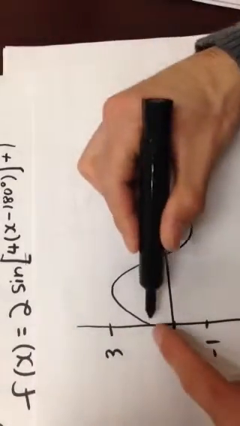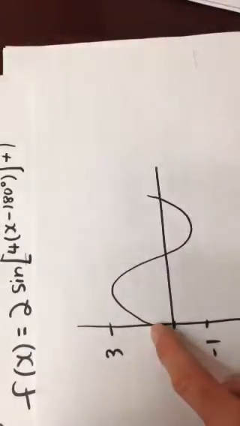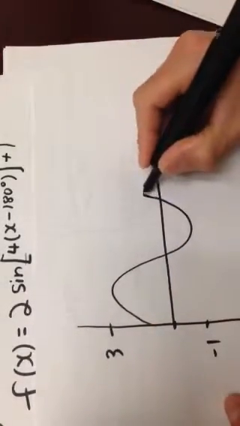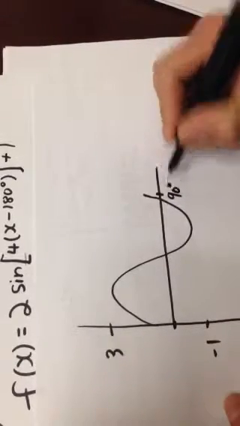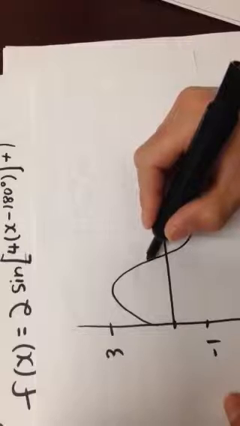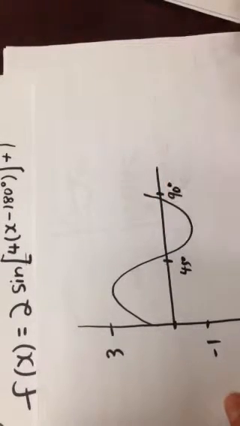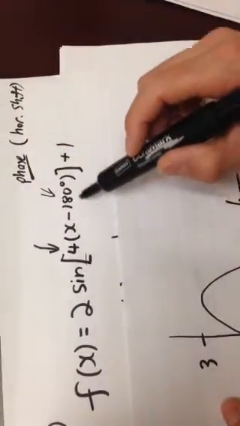See, we go 2 above the rest position and 2 below the rest position. That's what the amplitude means. Our period, this repeats itself every 90 degrees, so I can put 90 degrees in here, or over here at the halfway point, I could put 45 degrees. And that's the full plot of 2 sine (4x minus 180 degrees) plus 1.